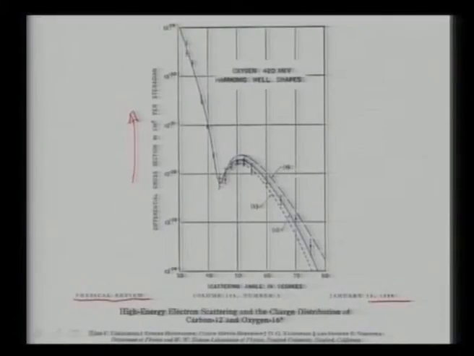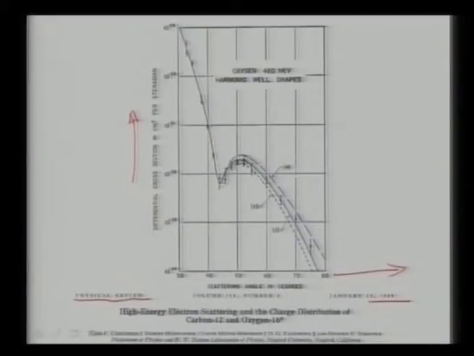At the moment, you just think that it is proportional to the number of electrons coming at that particular angle. On the horizontal axis, it is the scattering angle in degrees. So from the initial direction of the electron, through which angle the electron is scattered, and how many of them are scattered at that particular angle. That is plotted here.